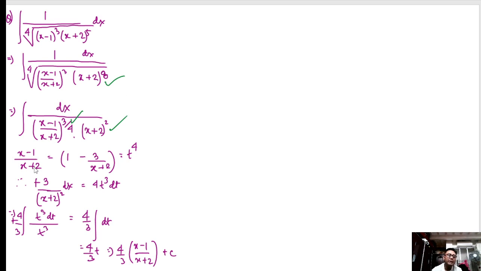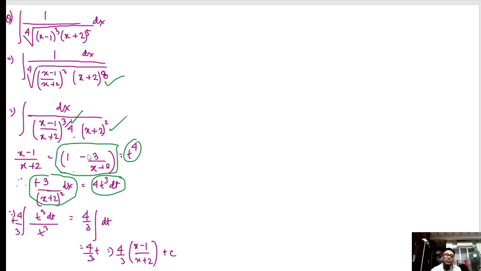Now x minus 1 by x plus 2, how to write it? Please watch here: 1 minus 3 by x plus 2. What we are doing is taking this whole part as t4. Now if I differentiate, 1 will be 0, minus 3 by x plus 2 will be plus 3 by x plus 2 whole square dx, and this will become 4t cube dt.